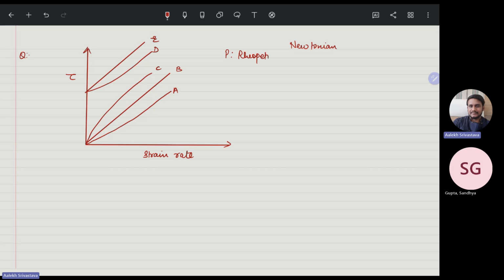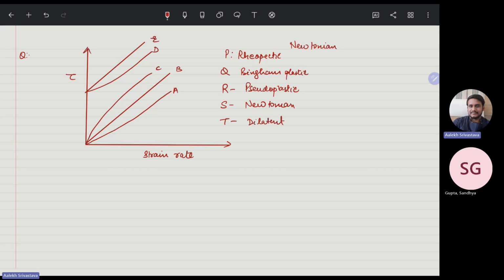rheopectic, then Q is Bingham plastic, then R is pseudoplastic, and S is Newtonian, and then T is dilatant.